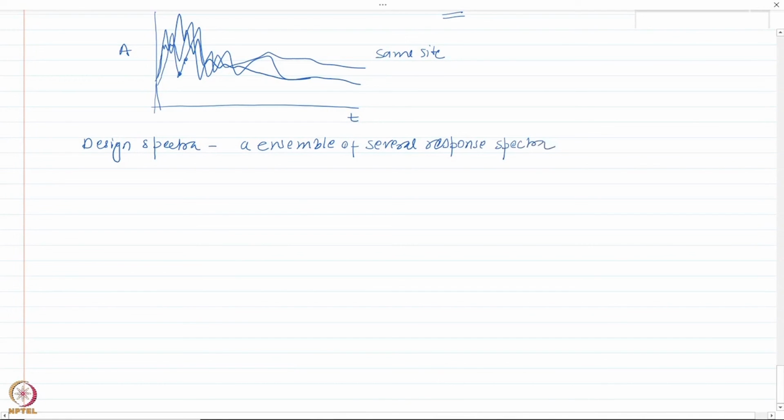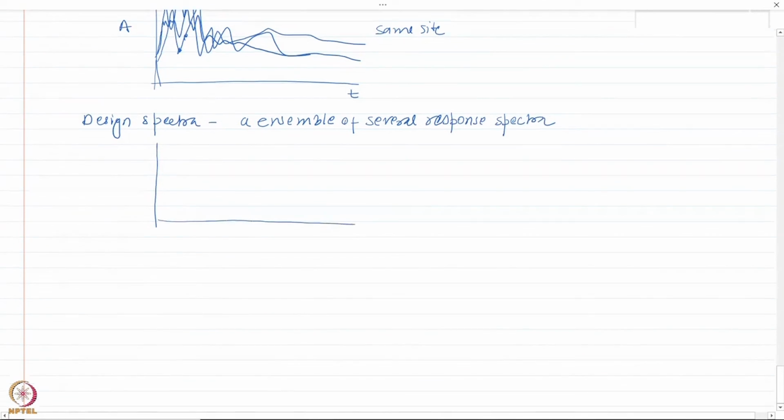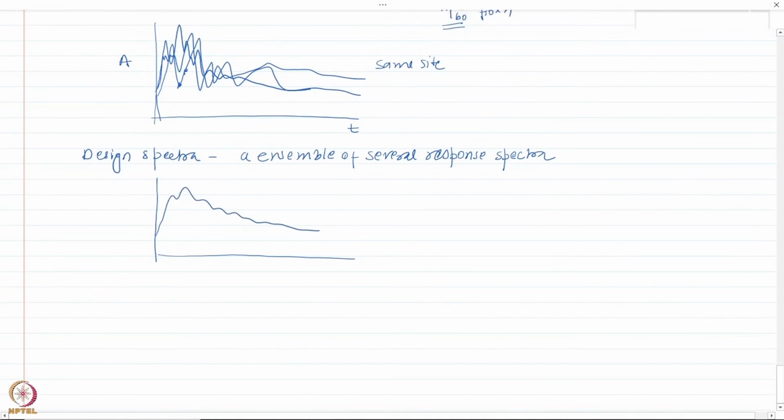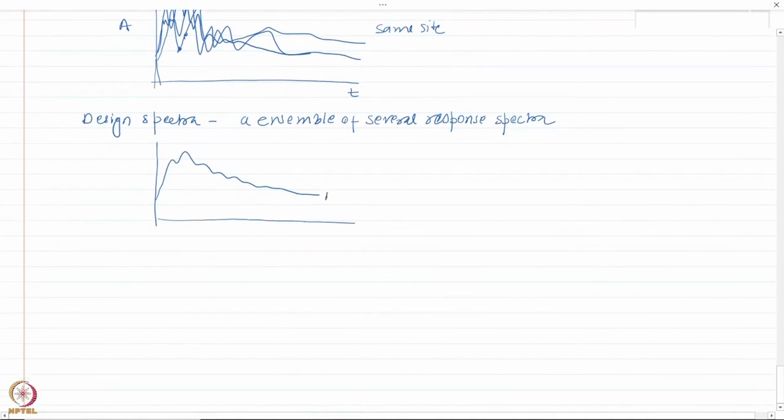And how do we do that? If you take the average of these response spectra here, it would look a little bit smoother compared to individual response spectra. Let us say this is the mean value of different response spectra at the same site. There are very sophisticated design procedures where you do seismic hazard analysis and statistical analysis.